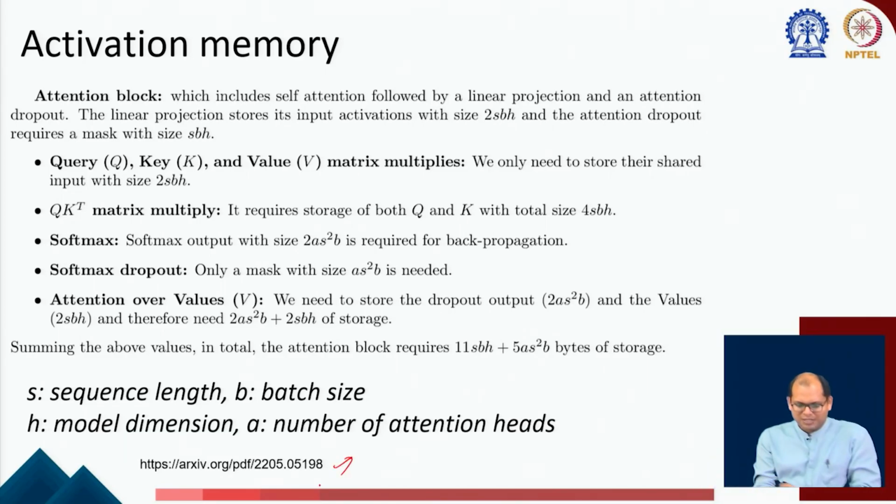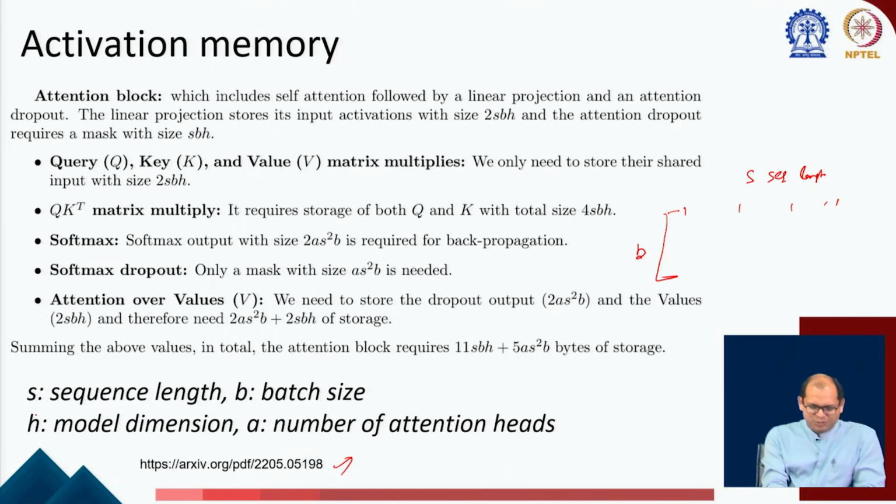So when you are actually working with this, you have a sequence length. Let's say you have S number of tokens, so S is your sequence length, and you have a batch size, so you will take some B sequences. Now it is using H as the model dimension. We used D model, but let's say H is my model dimension, D model, and you have A as the number of attention heads. In terms of these, what is the activation memory?